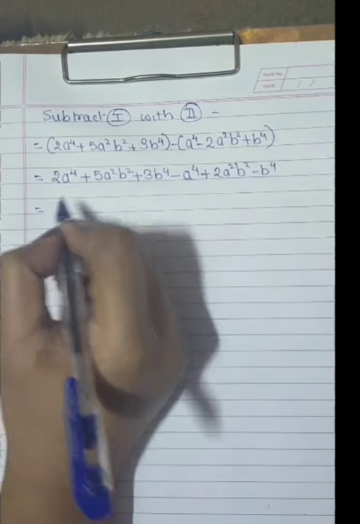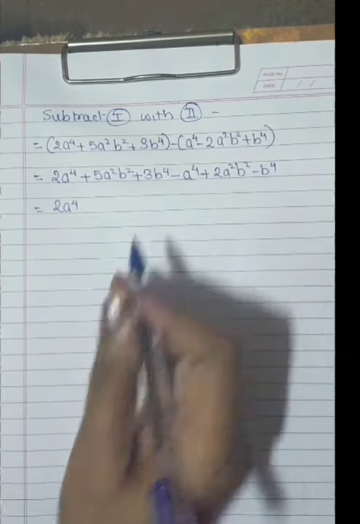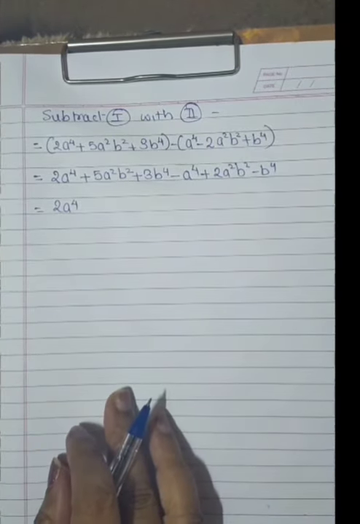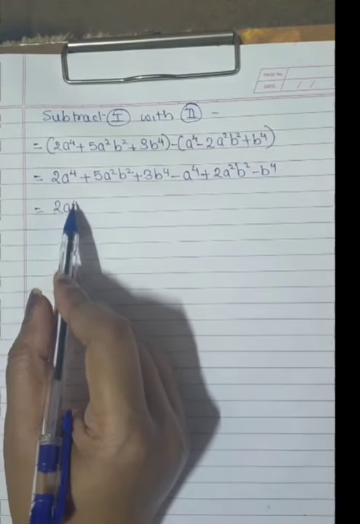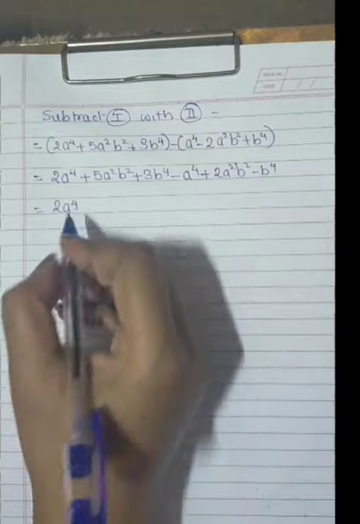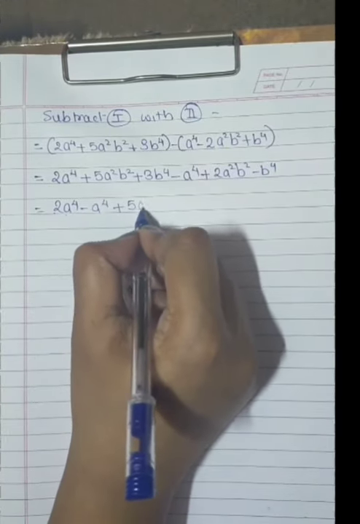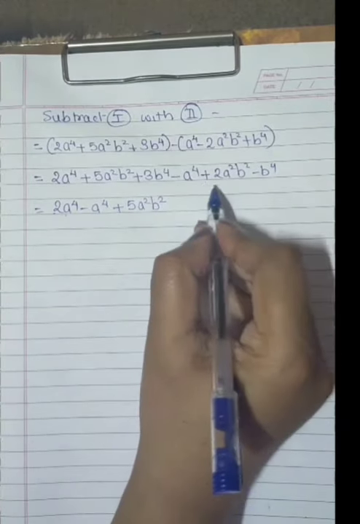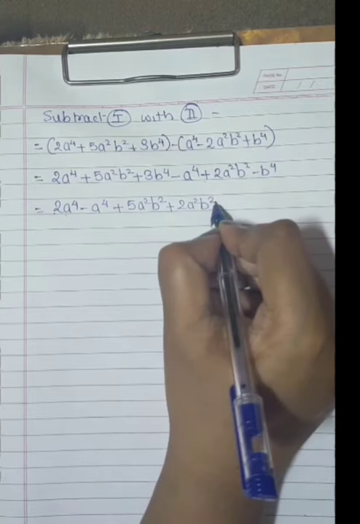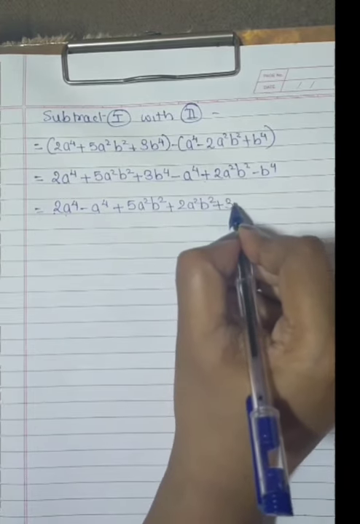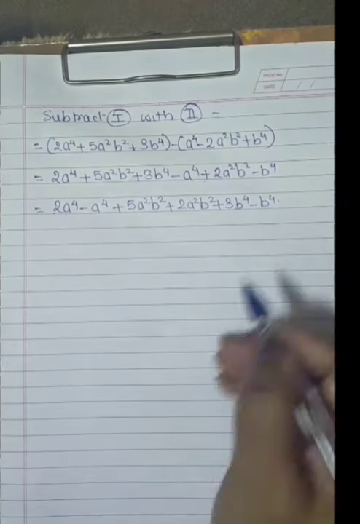Again the next step will be 2a to the power 4, again we have to write this in the correct order. So after 2a to the power 4 we have to write minus a to the power 4 plus 5a square b square, again plus 2a square b square will come, then plus 3b to the power 4 minus b to the power 4.